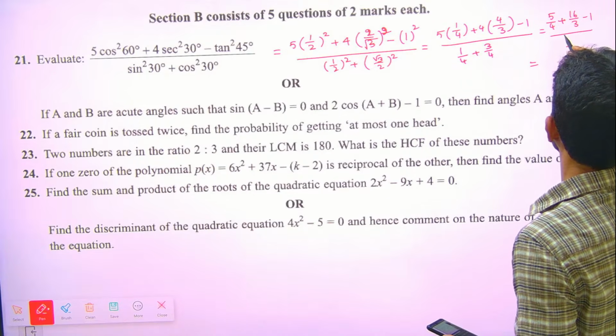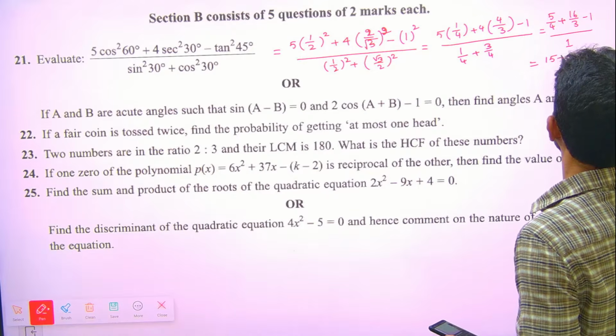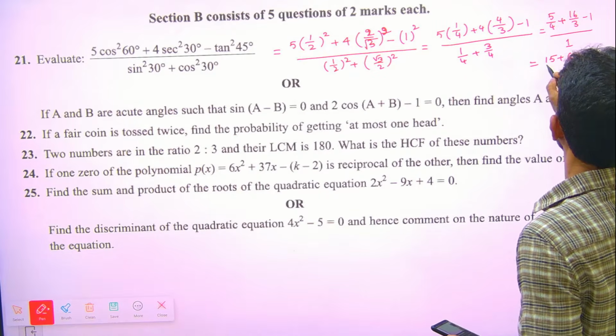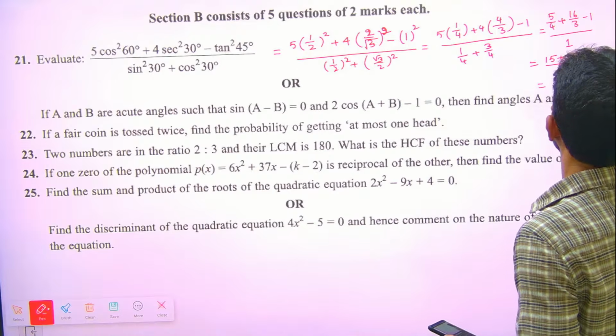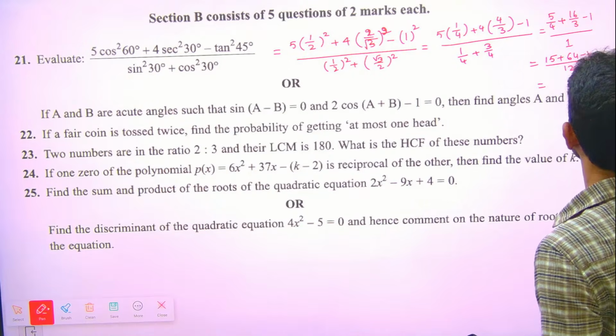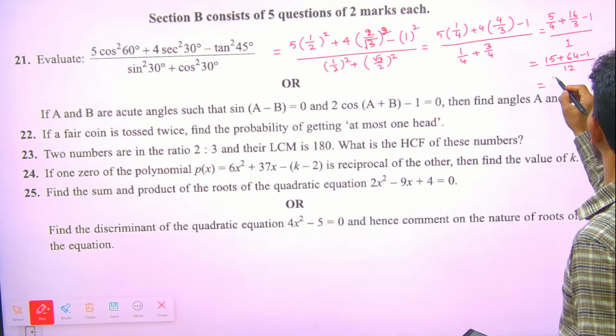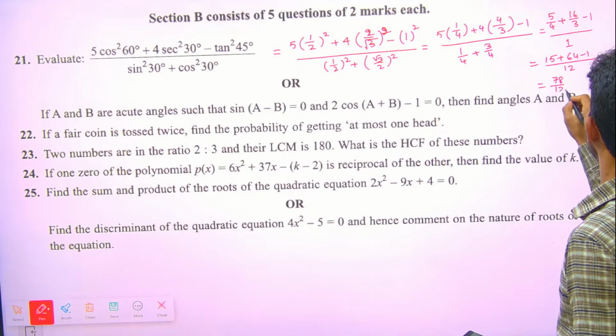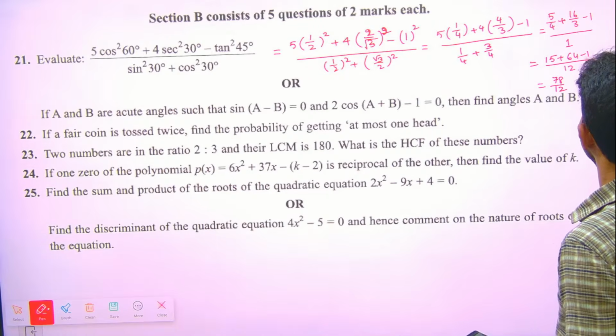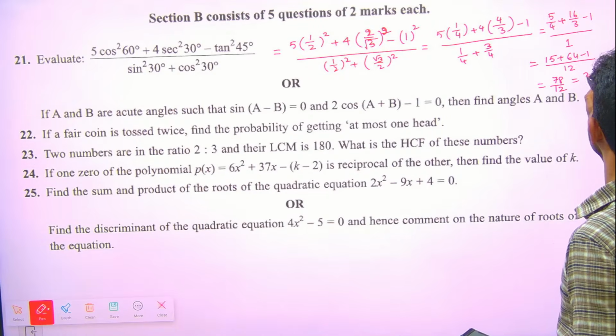For the numerator, LCM we have to take: 15 plus 64 minus 1 by 12. So that is 79 minus 1, 78 by 12. So that is going to be 39 by 6.